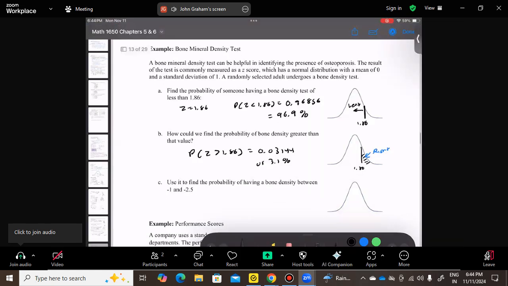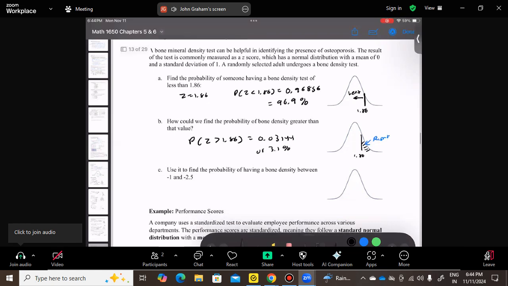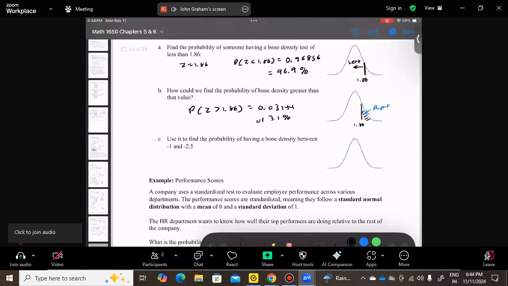And then lastly, the probability of having bone density between -2.5 and -1. -2.5 is a lower value, so -2.5 to -1. So we're looking at this small region. We want the probability of z less than -1 minus the probability of z less than -2.5.